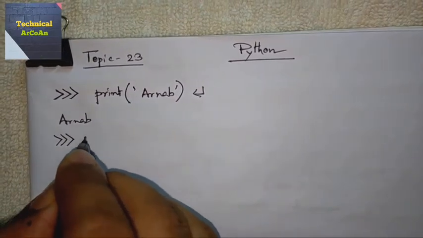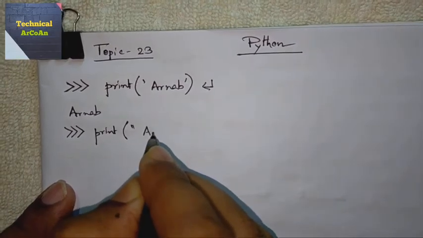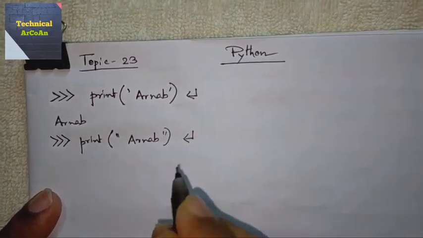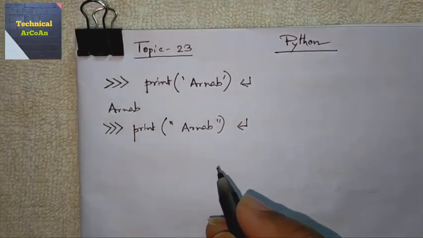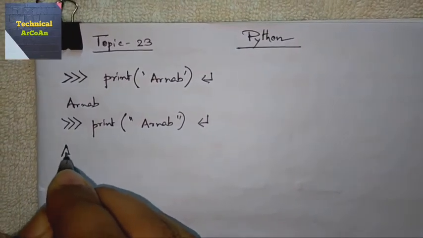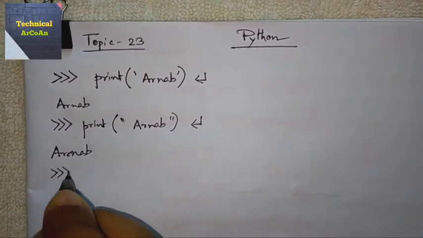The string can also be given within a double quotation, meaning in Python the string literal can be given either in a single quote or in a double quotation mark. So the same output will come here and the prompt is there.